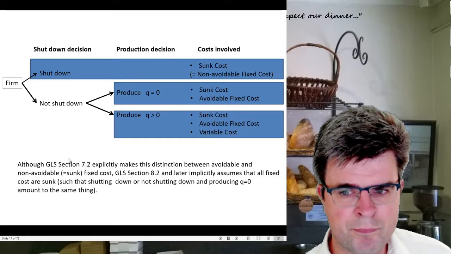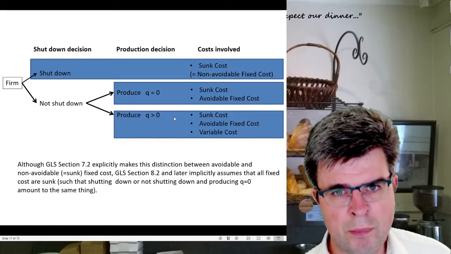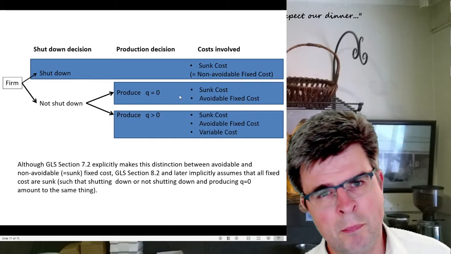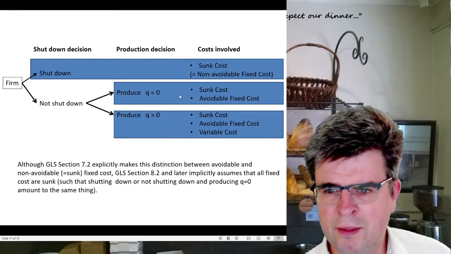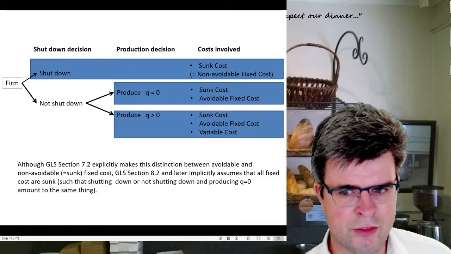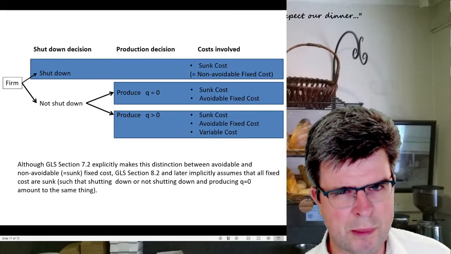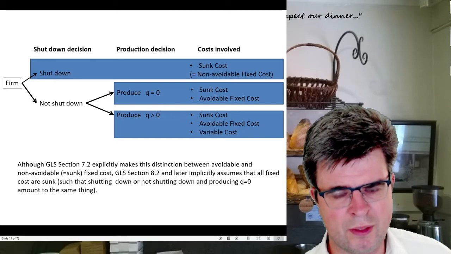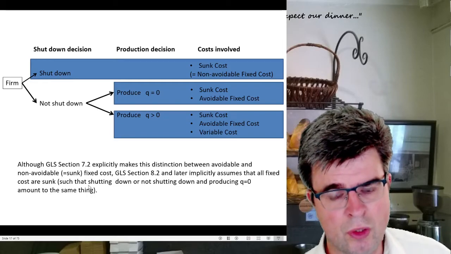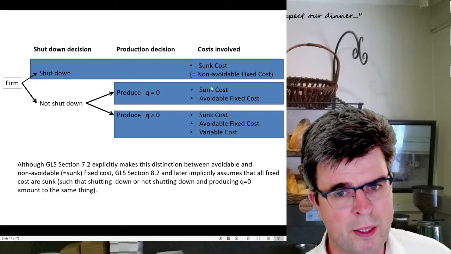Now in the book, in section 7.2, the distinction between the avoidable and the non-avoidable part of the fixed cost is made explicitly. But once you move over to chapter 8, it turns out that all fixed costs are treated as sunk cost. So as from chapter 8, the idea is more or less that if you decide not to shut down, but to produce zero, then you have to pay the entire fixed cost.